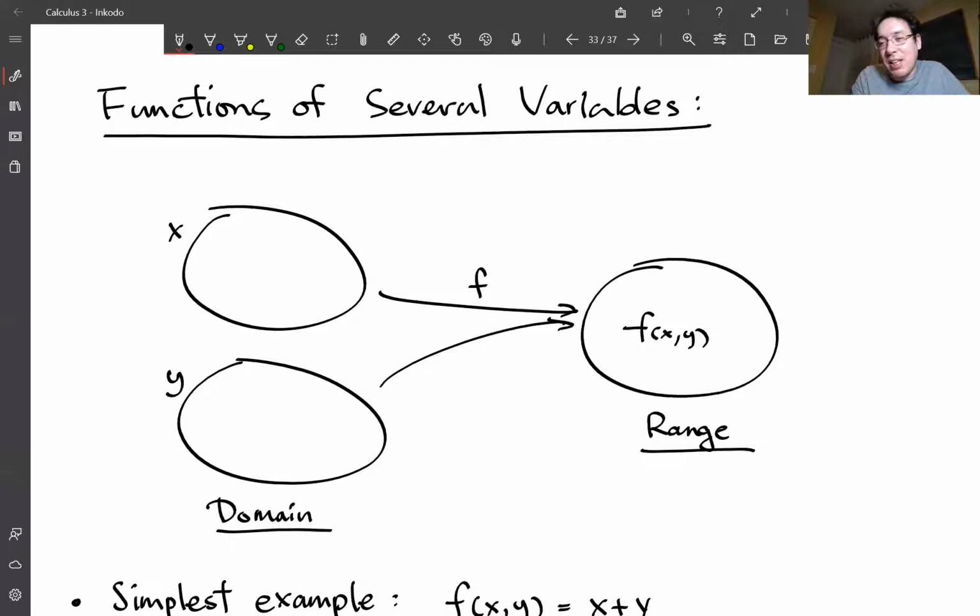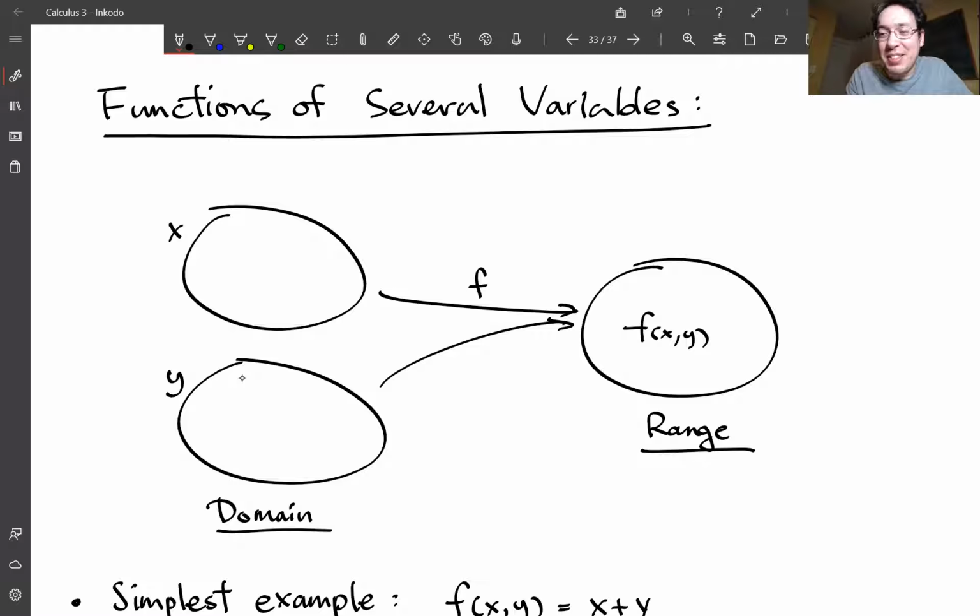Okay, so here's a simple picture I have in mind when I think about multiple variable functions. In the domain, there are multiple numbers you can plug in. Here I just pictured two, x and y, but of course you could have more: x, y, z. I know the alphabet runs out there, but you could have more variables, right?